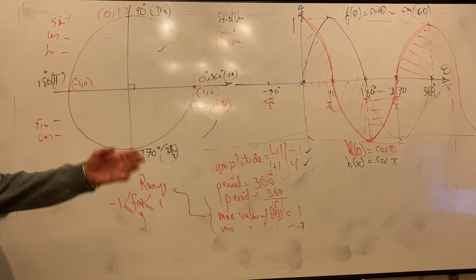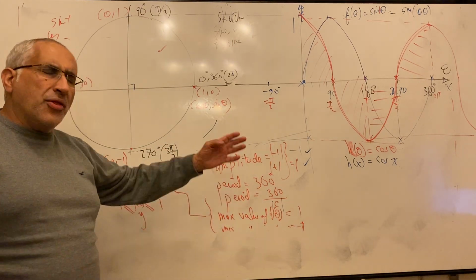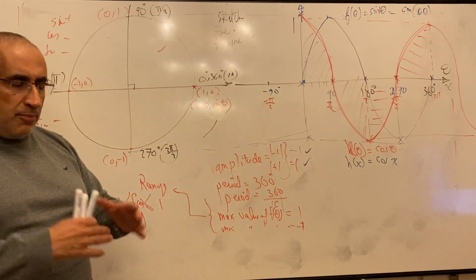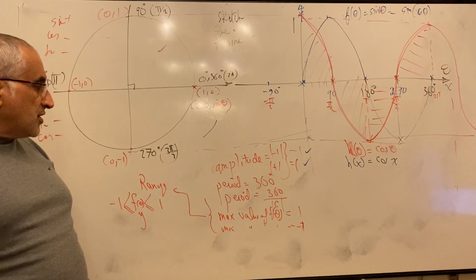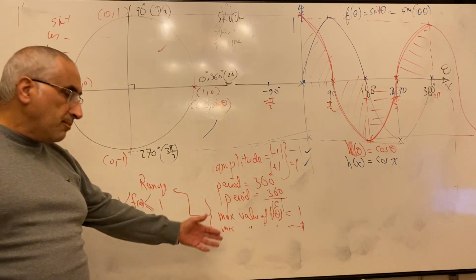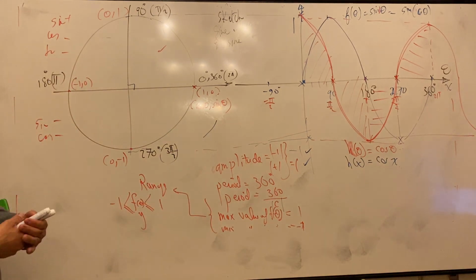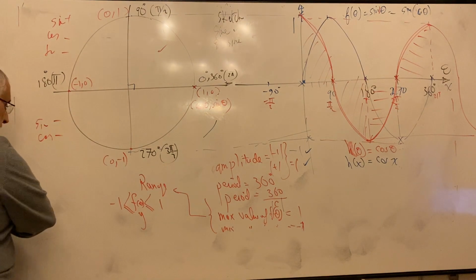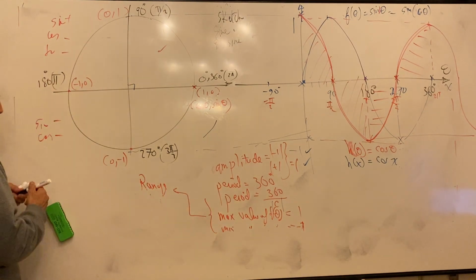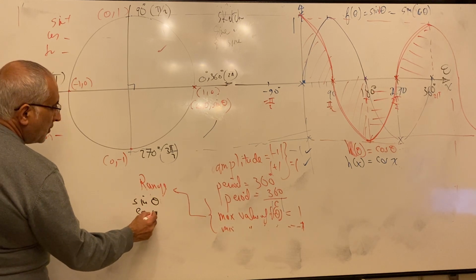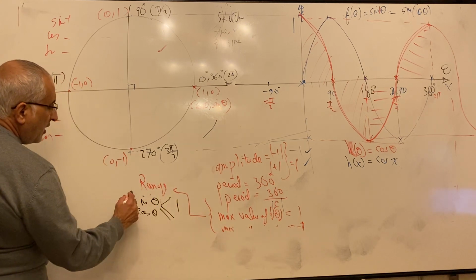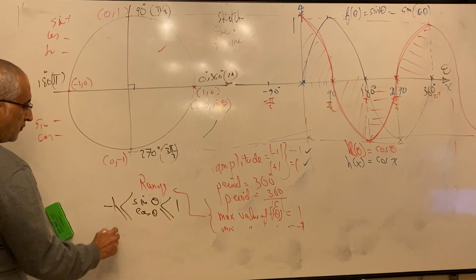As you notice, for the period, whether sine or cosine, they follow the same. Their period is 360, and the maximum value is plus 1 and the minimum is -1, so the range is between them. Whether it's sine theta or cosine theta, you can never have an answer for a ratio beyond that.